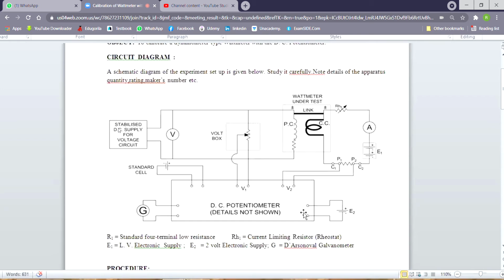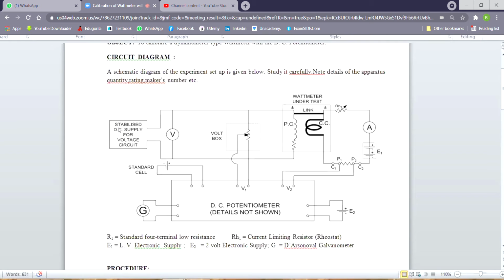Second thing is, what is the principle of action of the potentiometer? We know that there is a slide wire in the potentiometer, and when a voltage E2 is applied, a current will flow through the slide wire. Somehow this current is held constant.